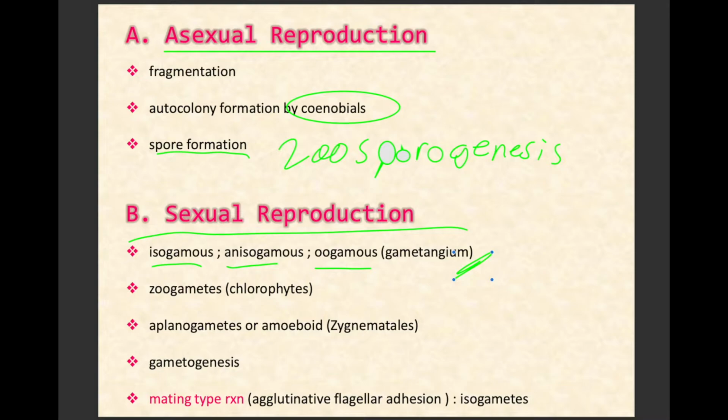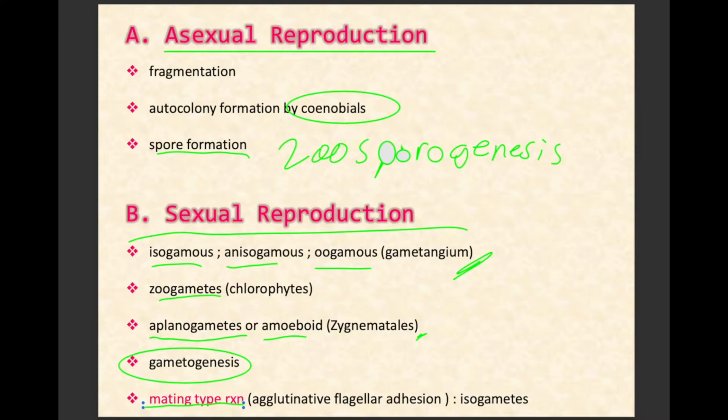We also produce zoogametes in most chlorophytes, for example. They also exhibit aplanogametes or your amoeboid gametes in terms of your zygnematales. They also undergo gametogenesis usually, and what we call the mating type reaction or your agglutinative flagellar adhesion in most isogametes, in your flagellated gametes, for example.